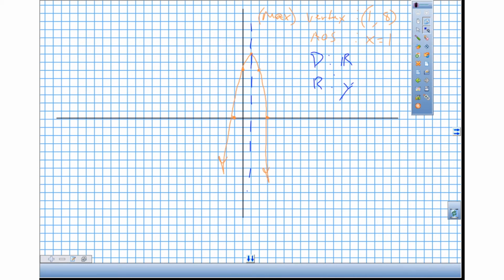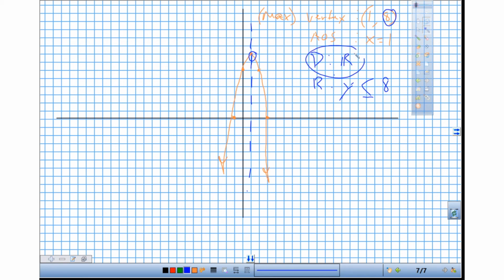So since it's going down, we're going to make sure it's less than or equal to. For right now, we're looking at equal to because that dot right there is solid. So it's going to be less than or equal to 8 because we know that it's going to go down. So my range is always going to be a value that's lower than 8. And that's what it's trying to tell you.